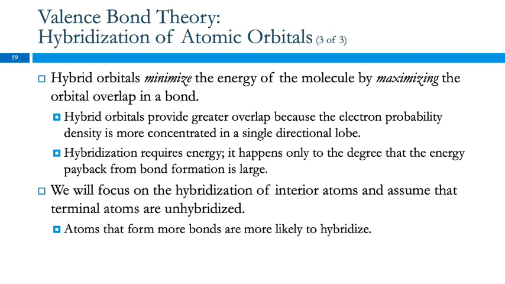The hybrid orbitals minimize the energy of the molecule by maximizing the overlap. So if you've got a p orbital and an s orbital and you're trying to overlap them, you'll get a certain amount of overlap. But if you hybridize the orbitals, you can get more overlap. And we'll look at what they look like in a minute. So it's going to do this because it results in a lower energy.